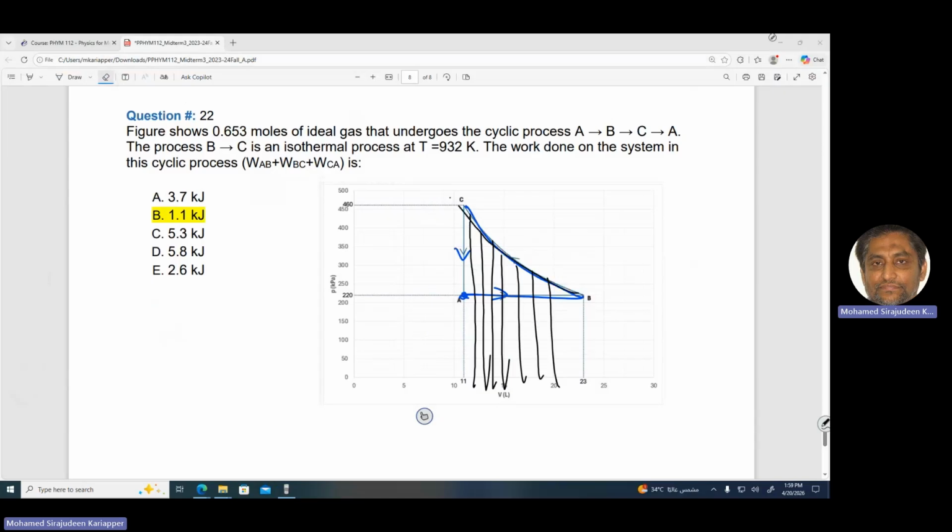This is what kind of process? It is isothermal. So I can say the total work will be work done from A to B plus work done from B to C plus the work done from C to A. This is easy.